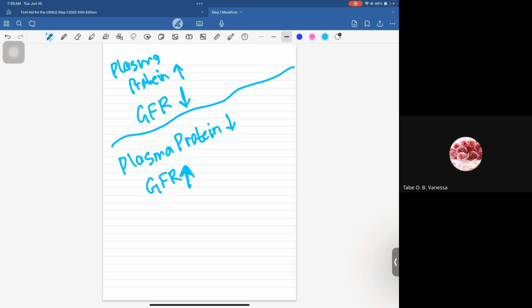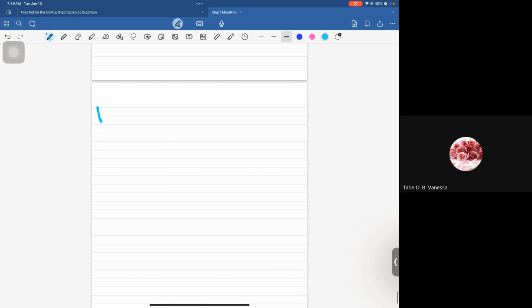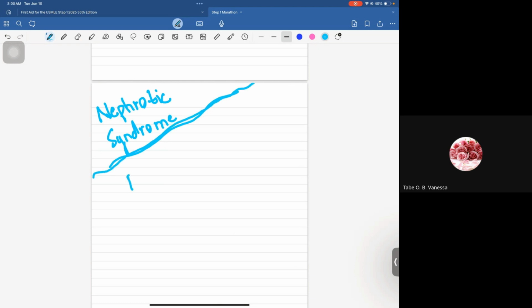Now, similarly, there are two clinical examples of this thing, right? The first thing is known as the nephrotic syndrome, right? What is nephrotic syndrome? Nephrotic syndrome is a syndrome in which the nephron is going to lose its barrier, and as a result, all of the proteins are going to get lost. When the protein loss is going to be greater, the proteins in the body are going to be low, and the GFR again is going to increase.